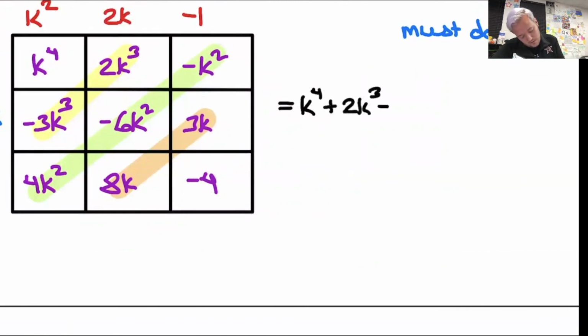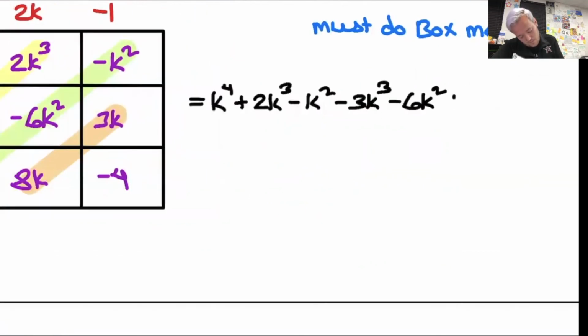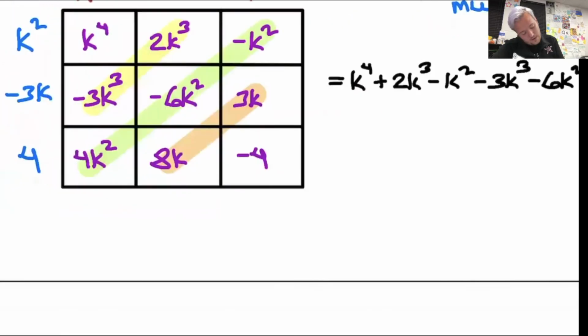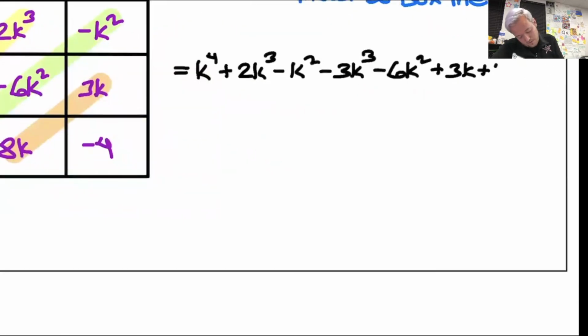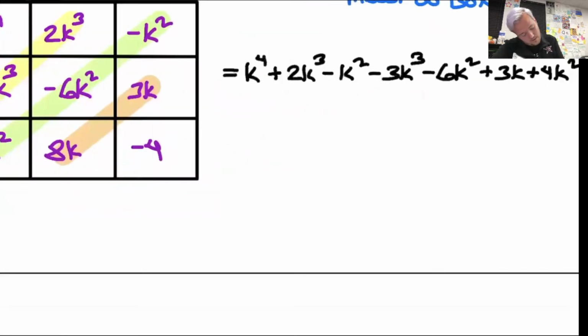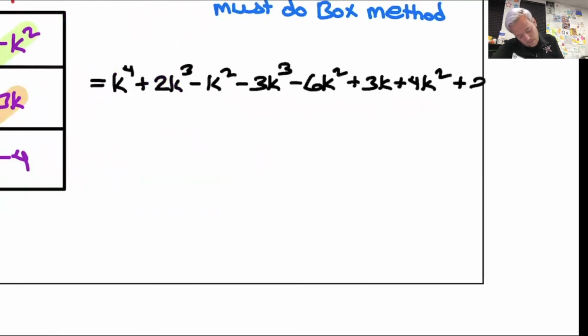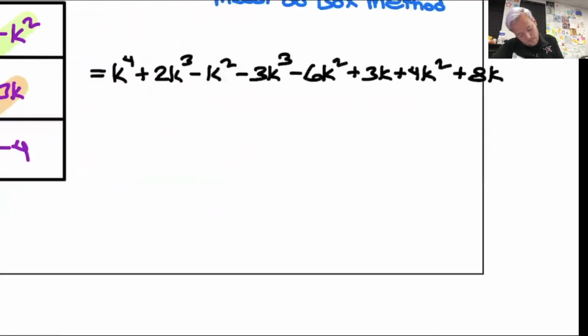2k cubed minus k cubed minus 3k cubed minus 6k squared plus 3k plus 4k squared plus 8k minus 4.